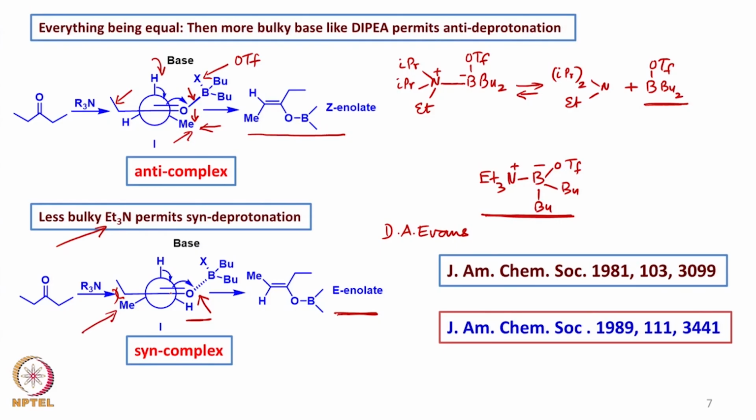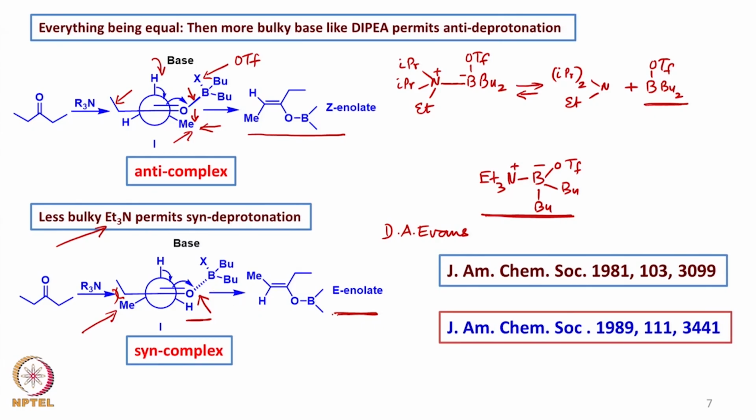In this situation, the relatively small base, that is triethylamine, picks up the proton from here, and the deprotonation leads to E enolate formation. So, you have a choice between the steric hindrance of this methyl with ethyl versus the methyl with this group. Obviously, this group is very large, therefore the methyl group tends to prefer to go away from it and has some interaction with the ethyl group, and this is how E enolates are formed.